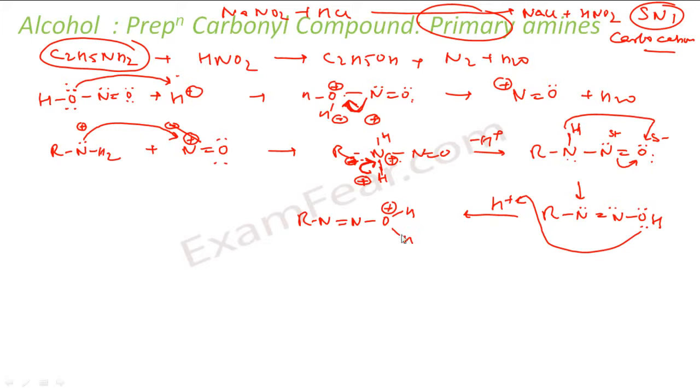So oxygen is getting positive charge, but this is something we can easily remove. H2O plus, good leaving group. Right? So what you get is something like this. This group will leave, and what you get is something like this. Right? So this bond will break and H2O will leave.